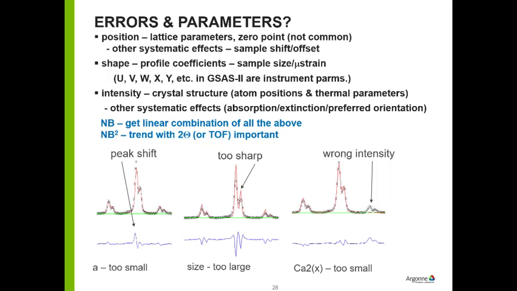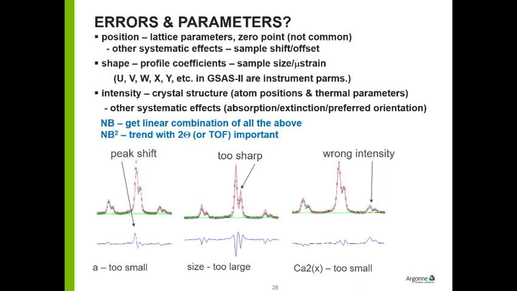The shape is affected by the instrument, and I'll talk more about that later at some point, or the sample. And the sample then adds on to the broadening that you get from the instrument. So in GSAS-II, these things are all dictated by instrument parameters. And so usually what happens is that the sample peaks are broader than the original calculated pattern. Then the third thing that can happen is you've got something wrong with the crystal structure.